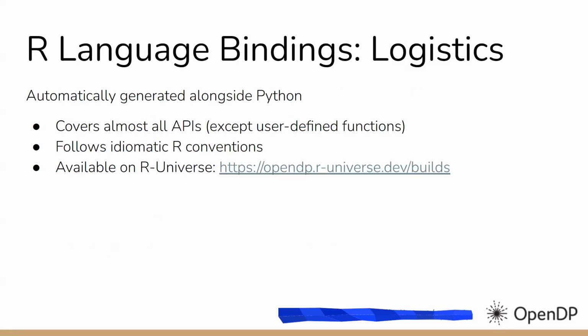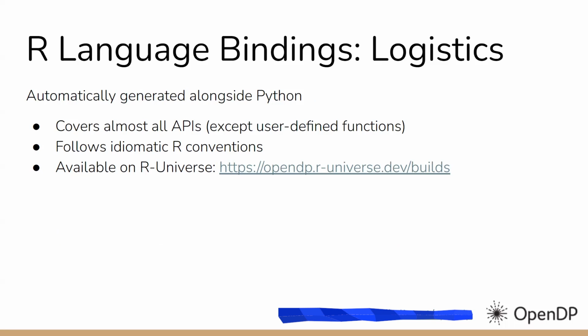So the R language bindings are automatically generated from the same kinds of information that's available from Rust that we use to generate Python bindings. And so whenever you add another method to the Rust core, it's automatically available from Python and R, which helps reduce the maintenance overhead.